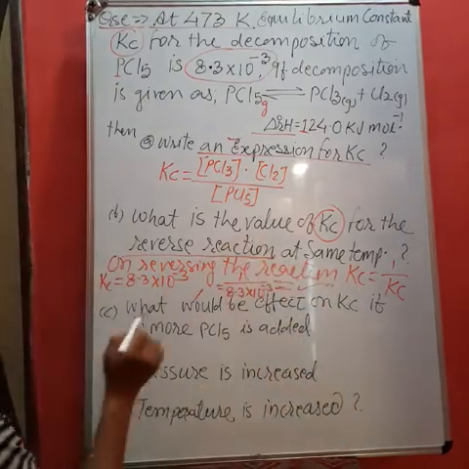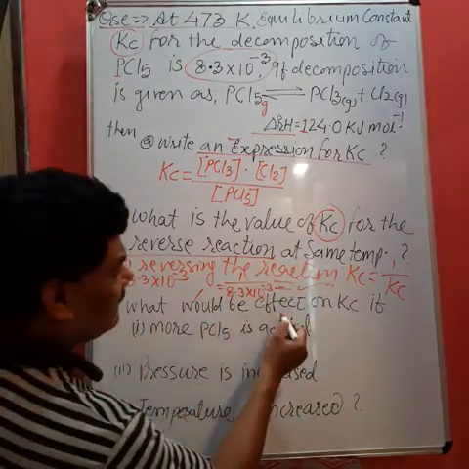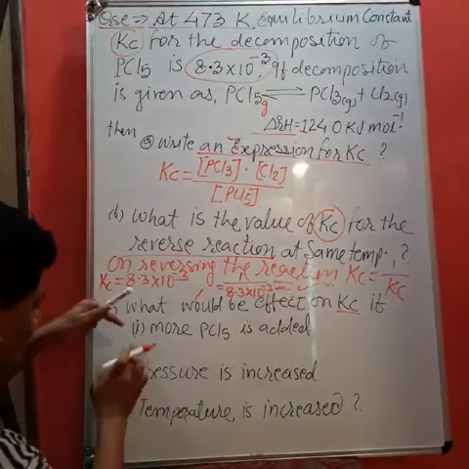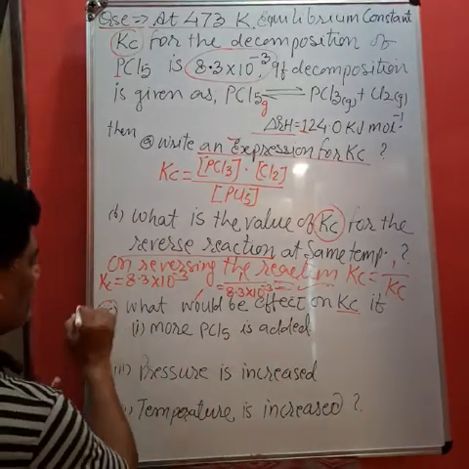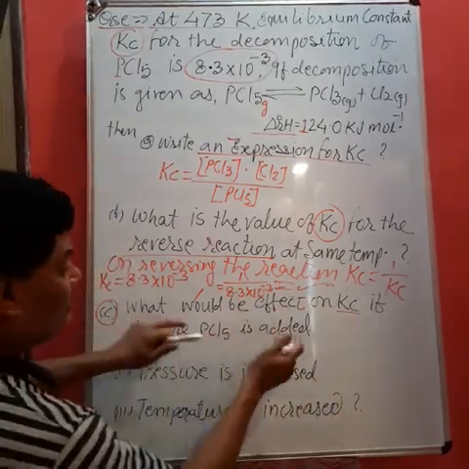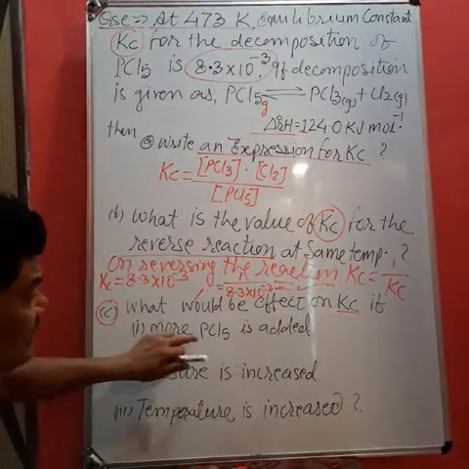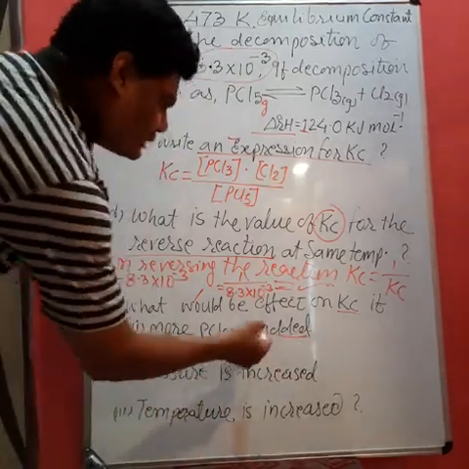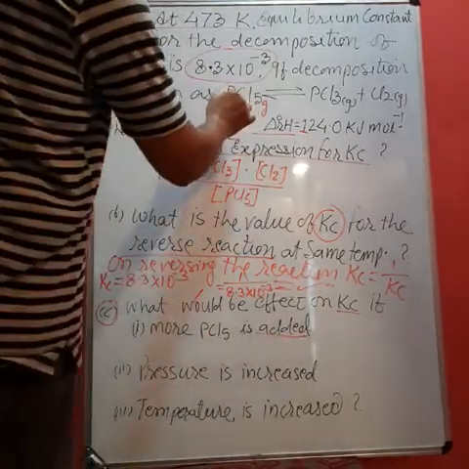Now the third question is, what would be the effect on Kc if more PCl5 is added? There are 3 questions in section C. That is, the concentration of PCl5 is increased. Added means concentration is increased. So where is the PCl5?